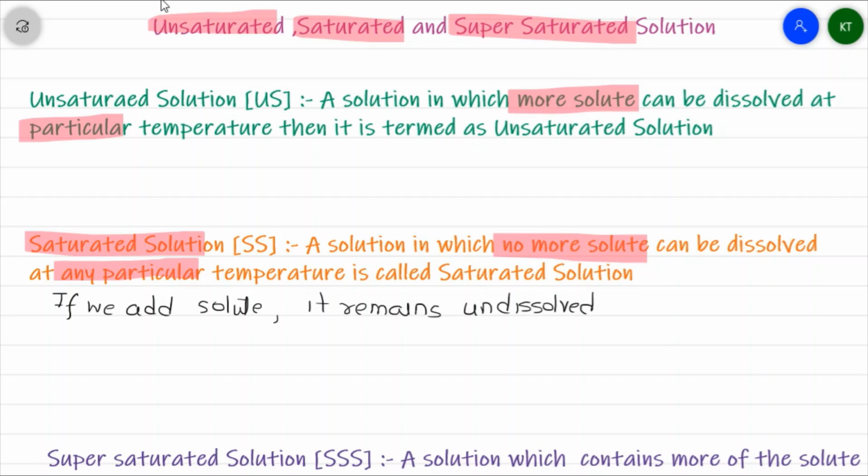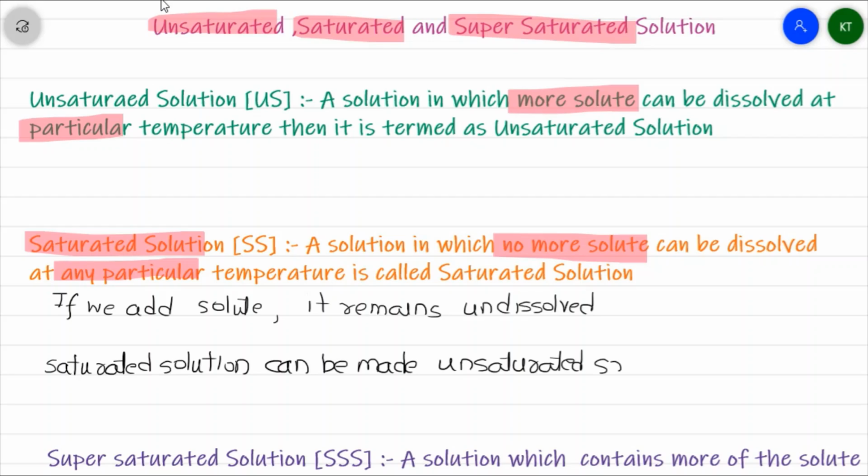Now a saturated solution can be made into an unsaturated solution either by first adding more solvent.